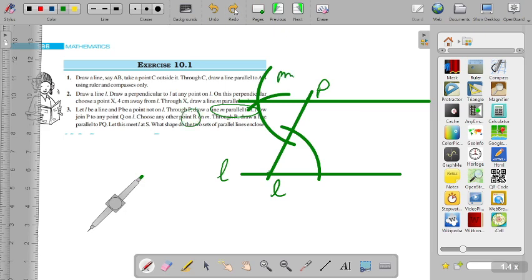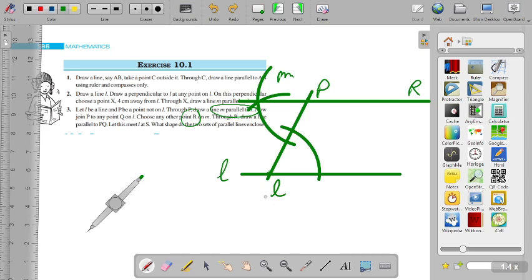Then again we have to choose another point R on M. We have to choose a point R here on this line M. Further after in this case, we have taken this point R. Then again we have to draw a line through R. A line we have to draw which is parallel to this PQ.